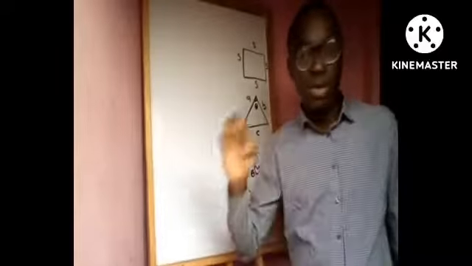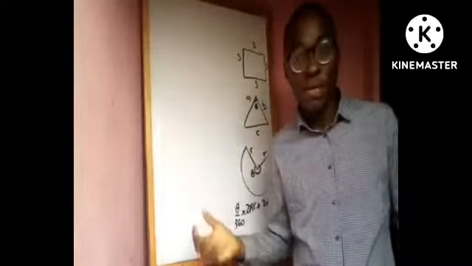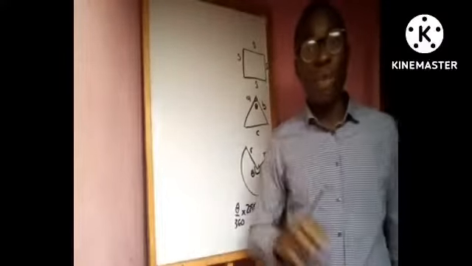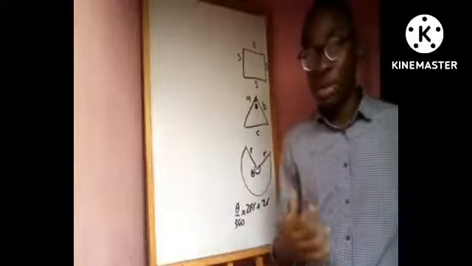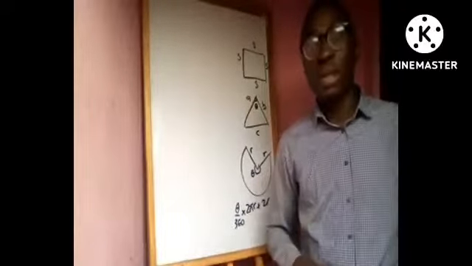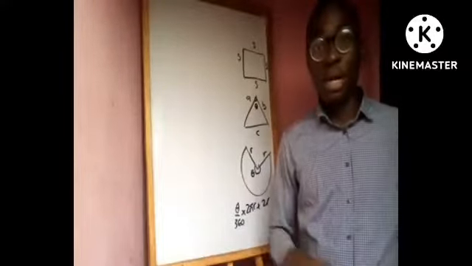When you convert a solid from one form to another, you are not changing the volume. We are going to use this knowledge to solve a lot of questions in this episode, so you have to stay with me until the end of this video so that you can gain as much as possible.